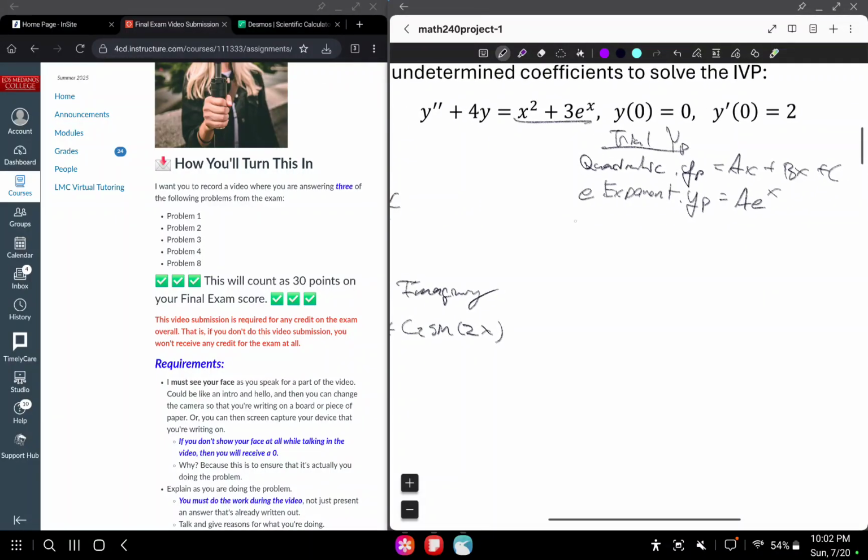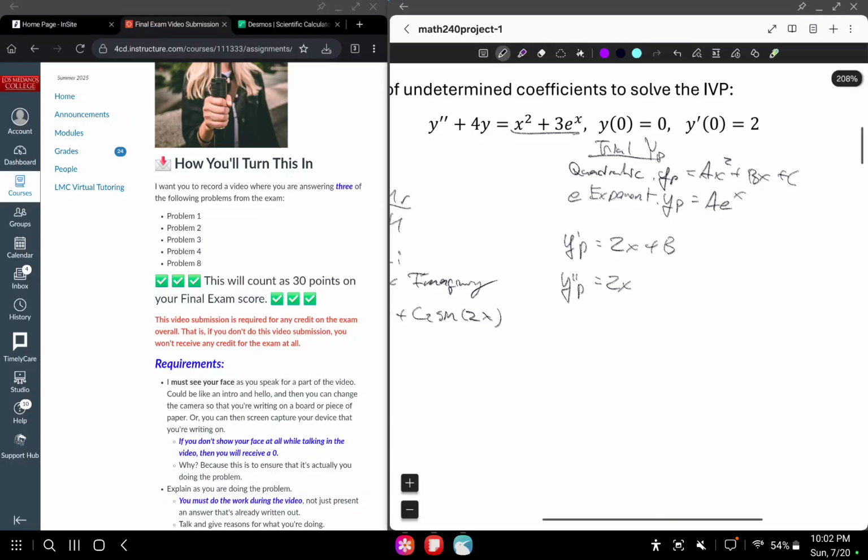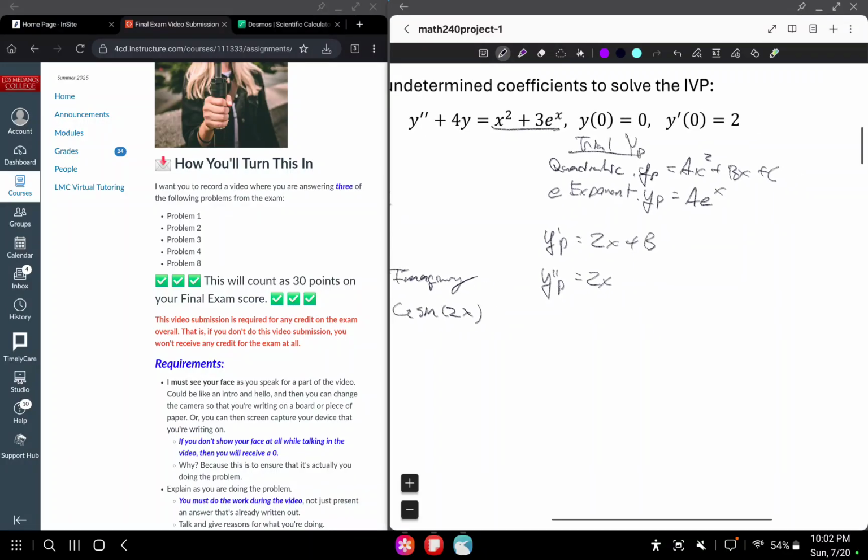Okay, let's start off with the quadratic particular solution. So y prime of p would be 2ax plus b, and c is gone. Y double prime p equals 2a, and ax would be gone.